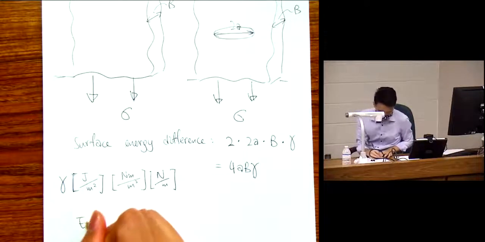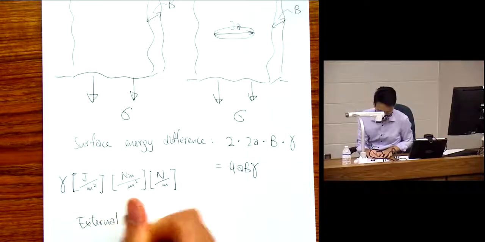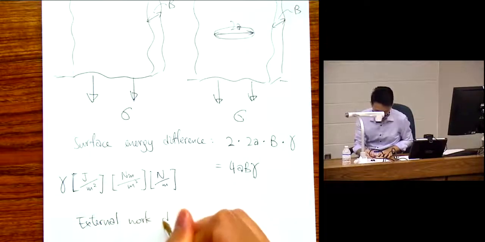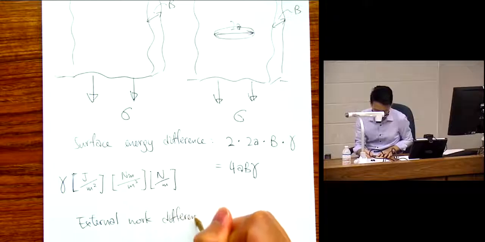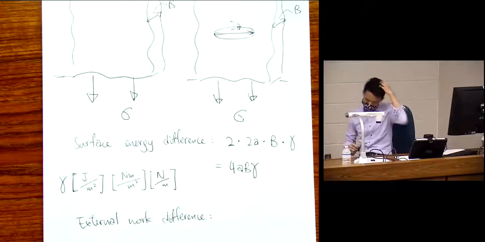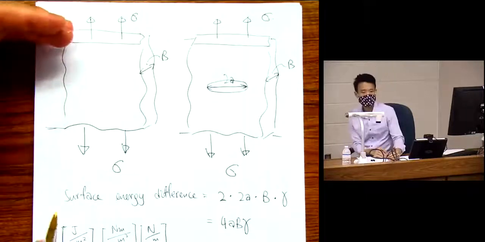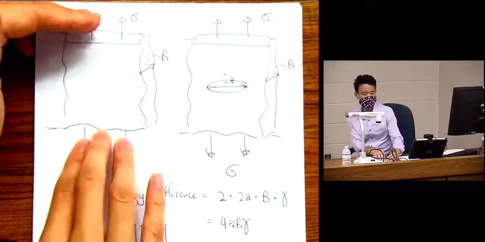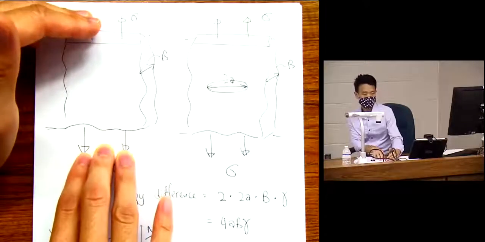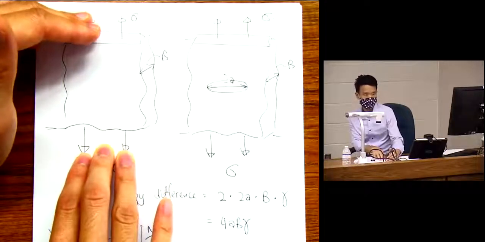Now there's also an external work difference. The external work difference is exactly 0. That's just because we have the two loading grips. We applied a stress of sigma, and we stop there.